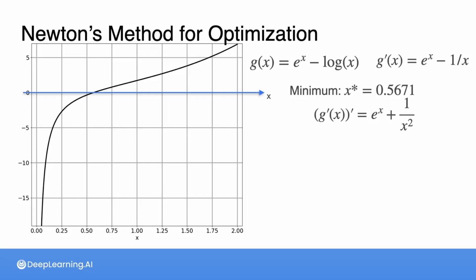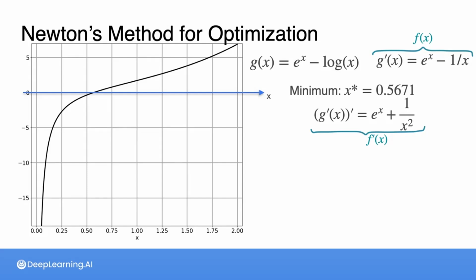So the derivative of the derivative is e to the x plus 1 over x squared. That's going to be our f prime of x when we're taking f of x equals g prime of x. In other words, our new function to find the zero is f of x, and we're going to use f prime of x to help us with Newton's method.